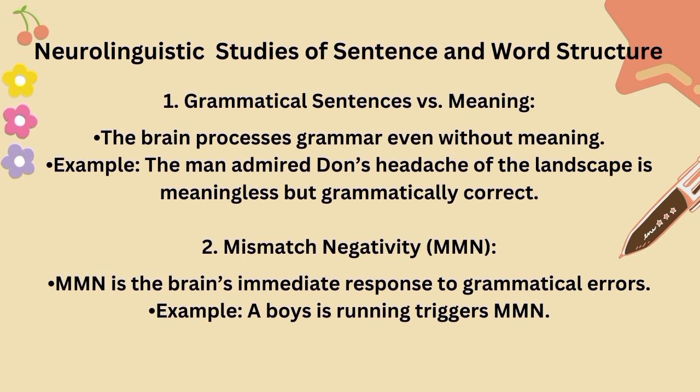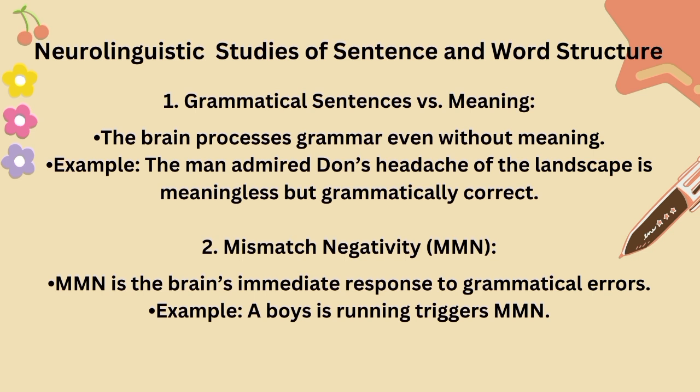The meaningful one is "The man admired Don's sketch of the landscape." So see, they are different. Even nonsense sentences with grammar, like Lewis Carroll's "'Twas brillig and the slithy toves," activate the brain's left side because they follow grammar rules.